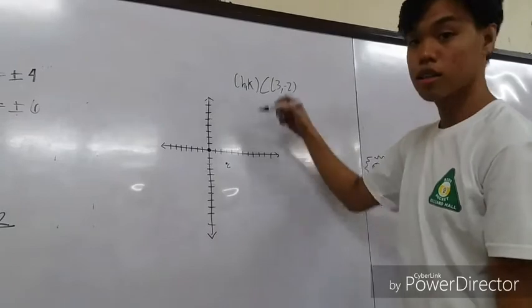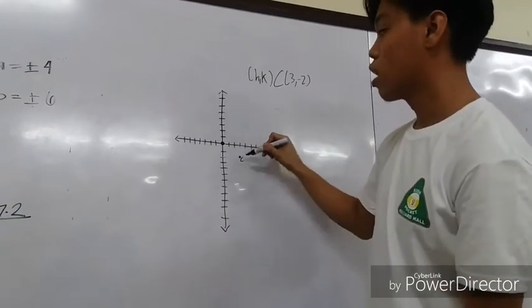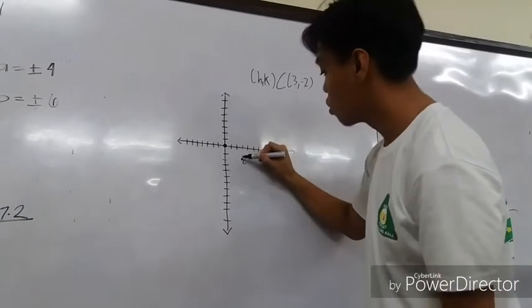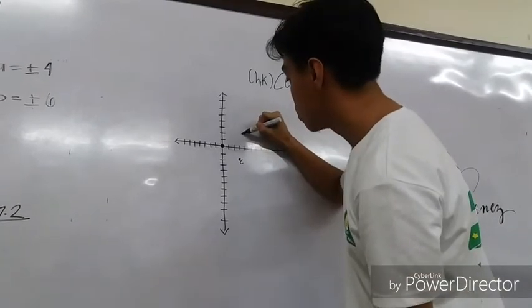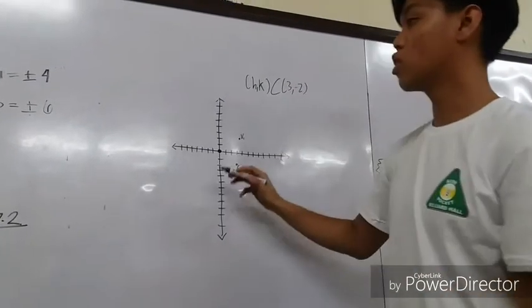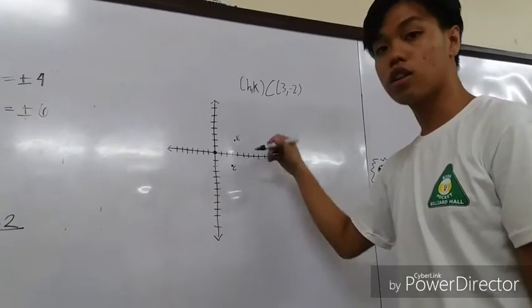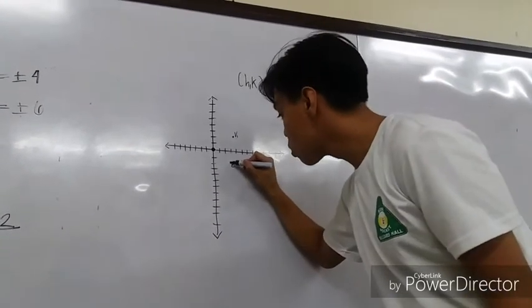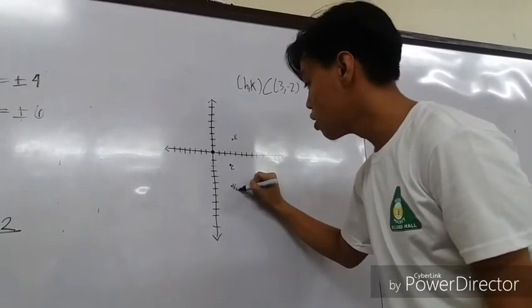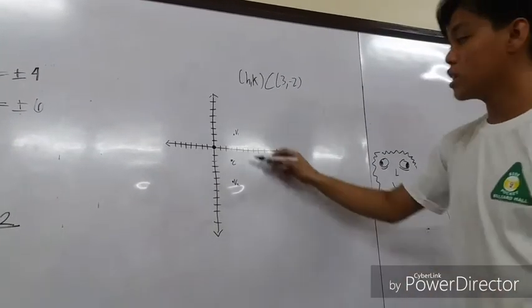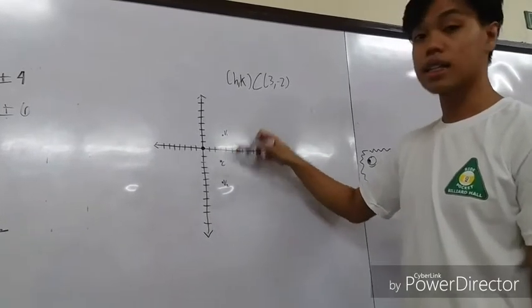So we will count up 4. So 1, 2, 3, 4. So this is our V1. So we will count 4 again going down. So 1, 2, 3, 4. This is our V2. Now this is the transverse axis.